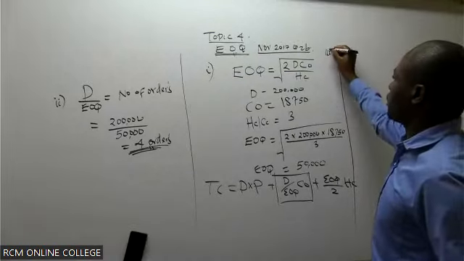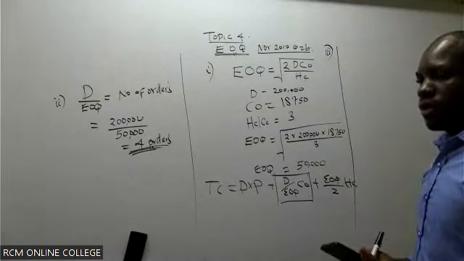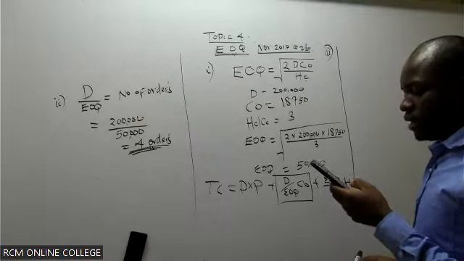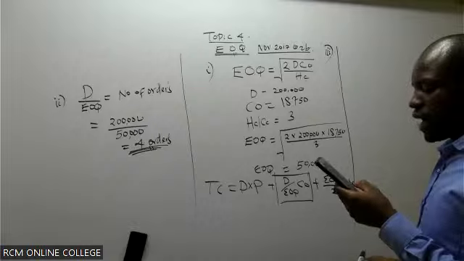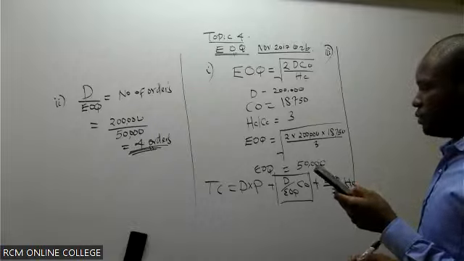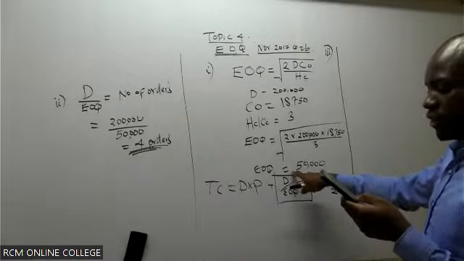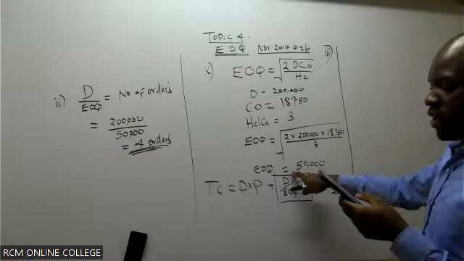So do they want us to proceed? Roman 3, what do we have? The production manager has proposed to increase the current economic order quantity. The current economic order quantity is 50,000. They have decided to increase it to 100,000 units.